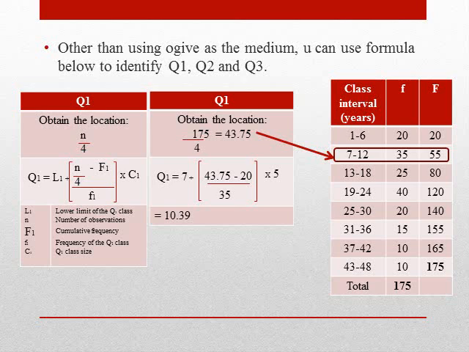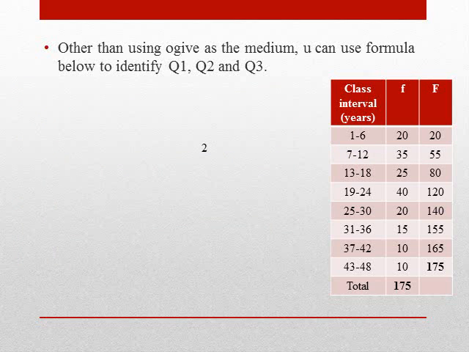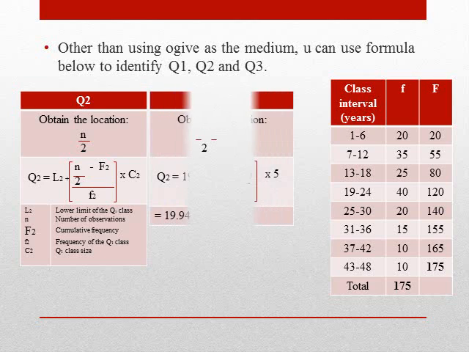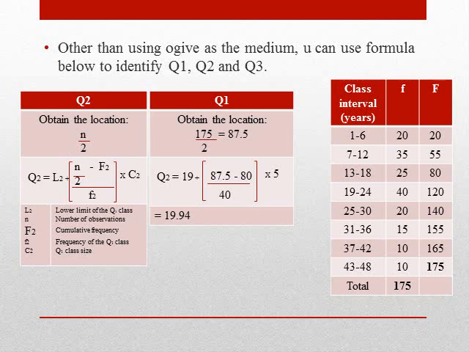So the result is 10.39 for Q1. Okay, let's look at Q2. It is the same question, the same example. The formula is slightly different, whereby you can see the difference in how to calculate the location; the rest is the same.